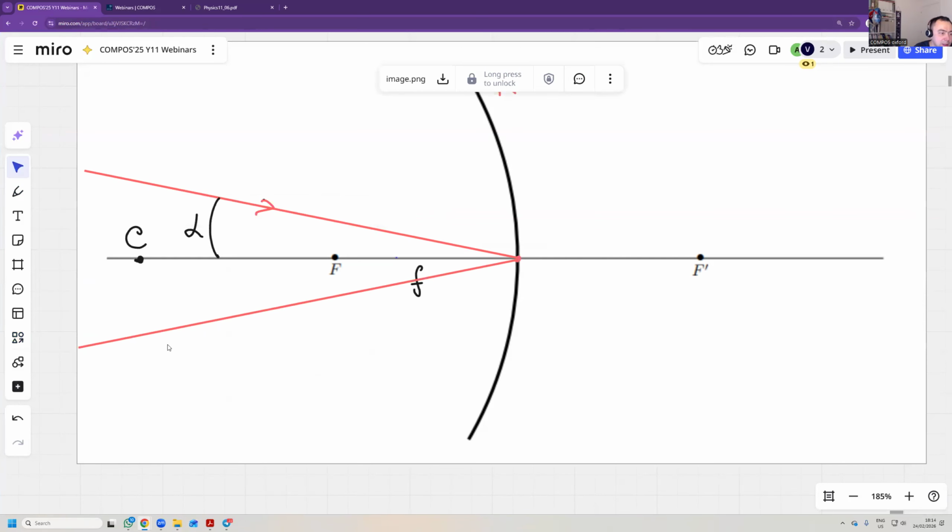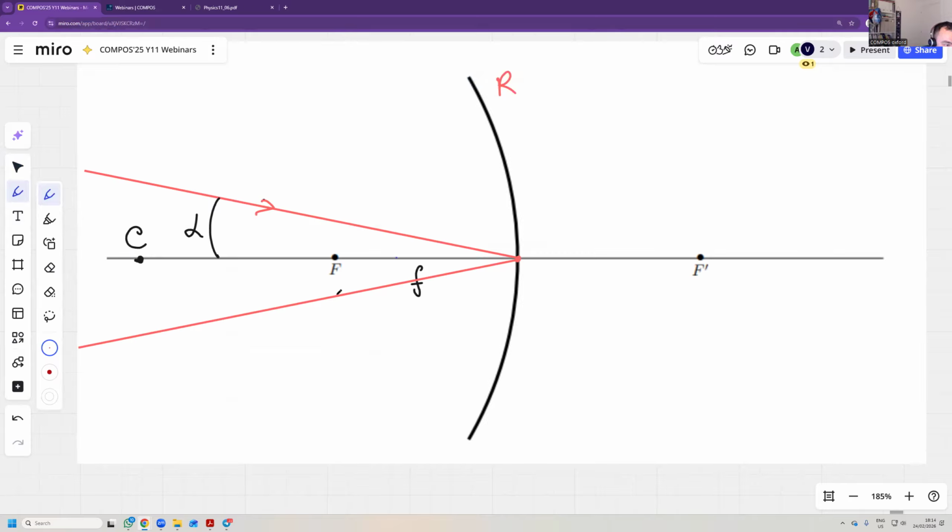What we're trying to prove is that all parallel rays, once reflected, will meet here, and that distance is equal to alpha f.